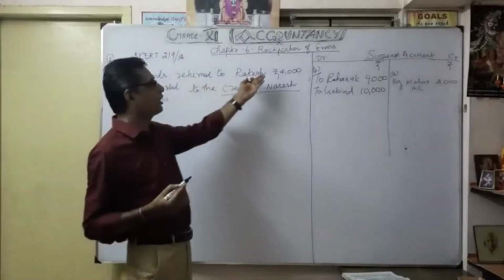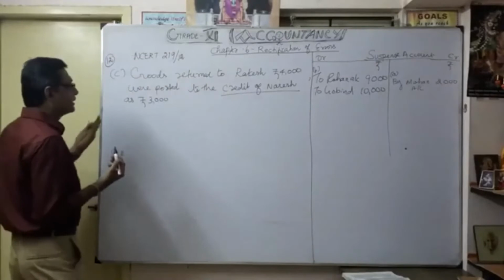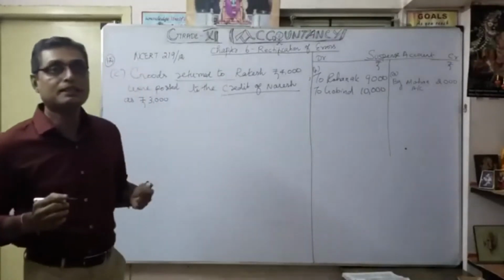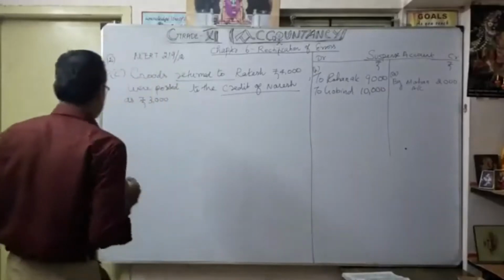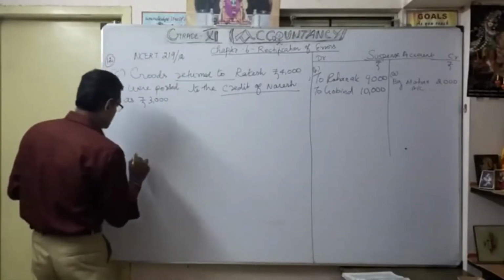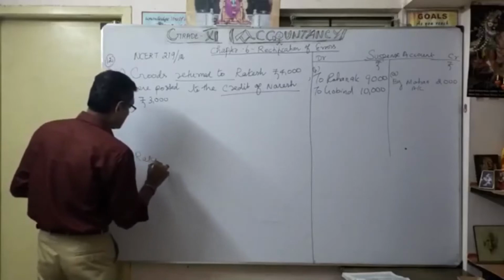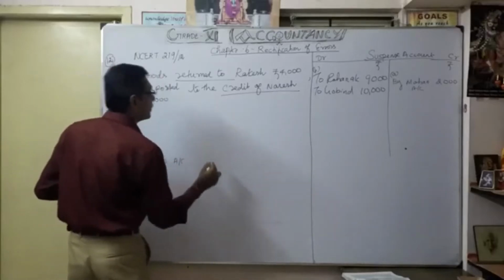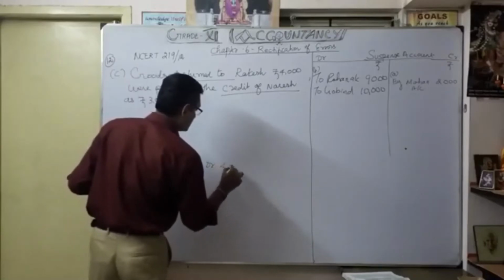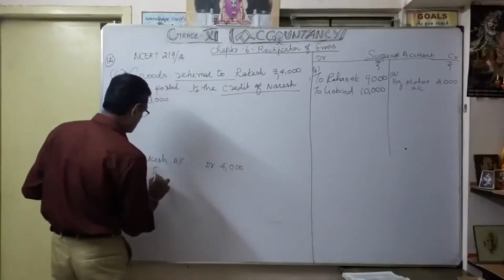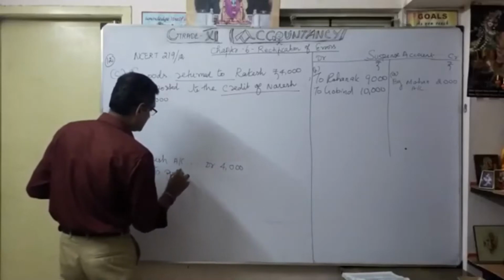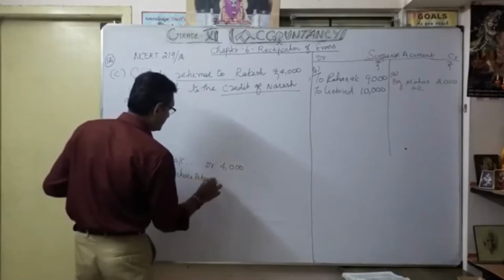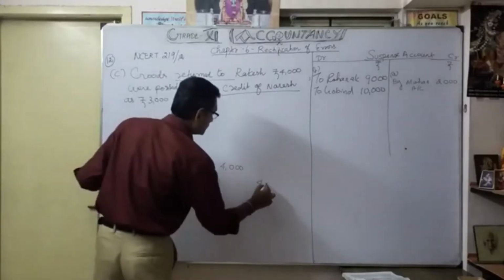Goods returned to Rakesh 4,000. So what is the entry? Return to means what? It is coming under purchase return, isn't it? So purchase return. How to write? As you know, Rakesh account debit, how much? 4,000 to purchase return account 4,000.